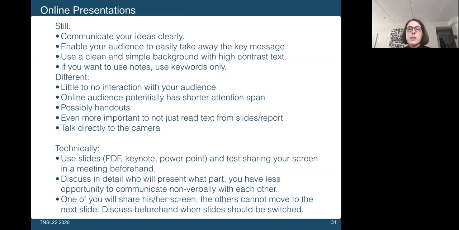So discuss somehow beforehand how you should switch slides. You can just say, I don't know, you always do it like that, and every time you do it like that, the person who is actually sharing your slides will click. Try to have some communication that enables you to do that, not every time that you have one sentence in there, next, because that's going to be interruptive for your audience.